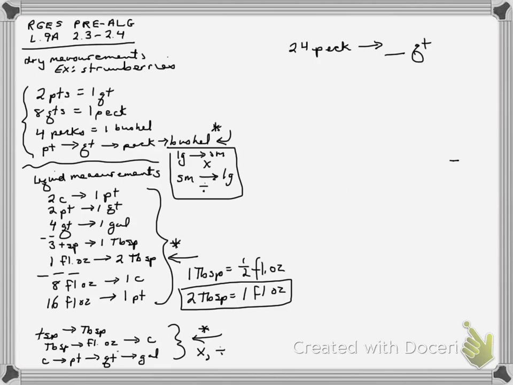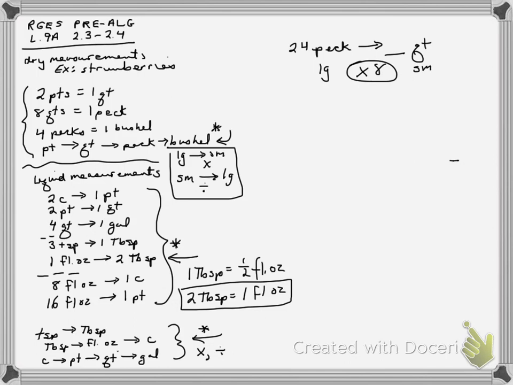Well, a peck is the large and the quart is the small. So if you're going from a larger measurement unit to a smaller one, you're going to need to multiply. And my conversion factor going from quarts to peck, how many quarts are in a peck? The answer is 8. So you're going to have to take 24 and multiply it by 8. Let's look at a couple more examples.